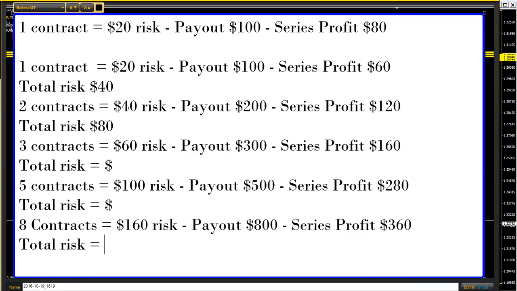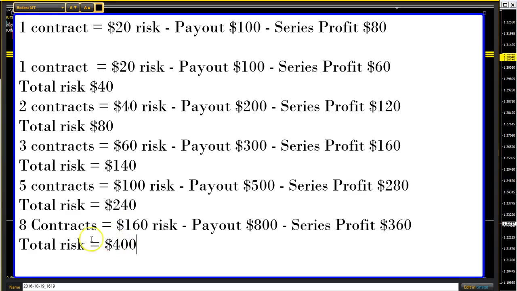Figure out the math for these three. I will wait for a few seconds here. You can pause it if you want to. Okay, now I'm going to give you the answers. Here are the risk amounts: 140, 240, and 400.